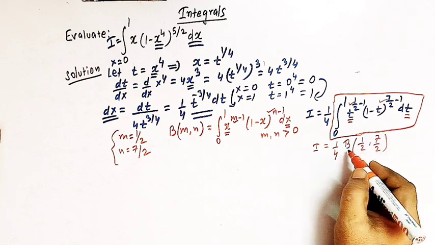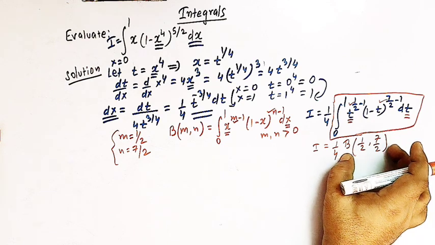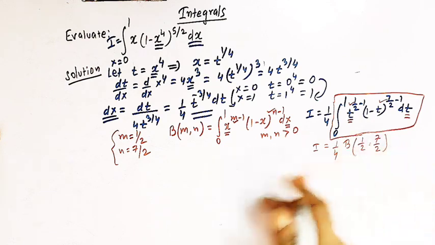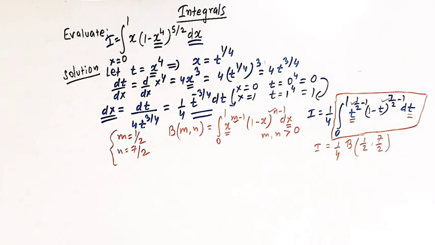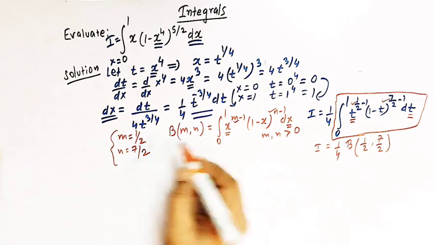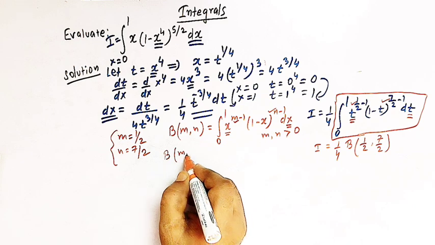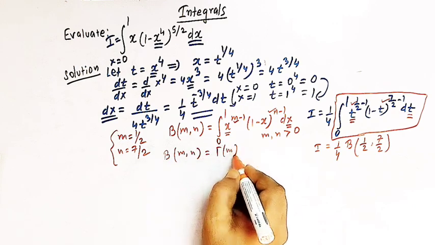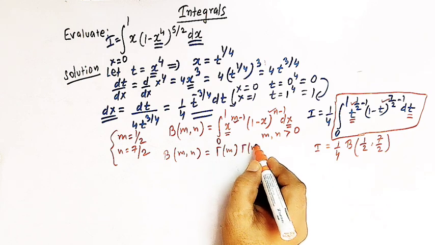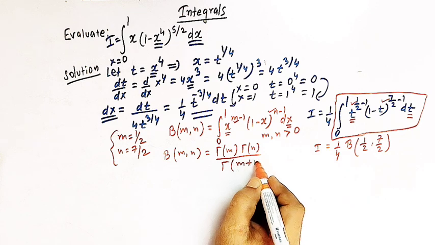So now our aim is to find out the value of this beta function by converting it into a gamma function. The relation between beta function and gamma function is given by beta m comma n equals gamma of m, then gamma of n divided by gamma of m plus n.